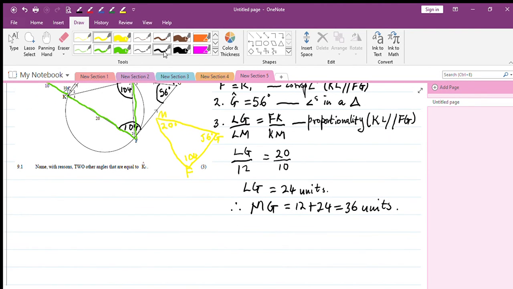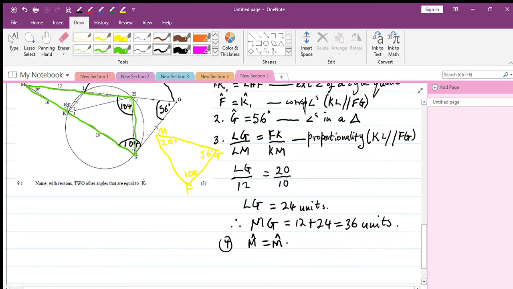So our first statement will be to say that angle M in the yellow triangle is equal to angle M in the green triangle. Reason: common.